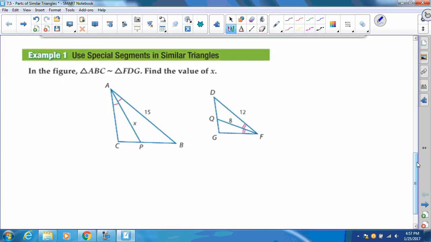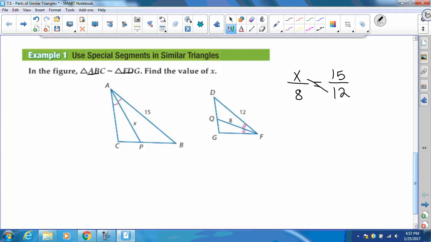So example 1. In this figure, they tell us triangle ABC is similar to triangle FDG, so we're supposed to find the value of X. Notice I have angle bisectors, so I can take those angle bisectors and write a proportion. I can do X over 8, and then set that equal to the side that I know from the other triangle, 15. 15 was AB, so I want to check that AB matches FD, which is 12.